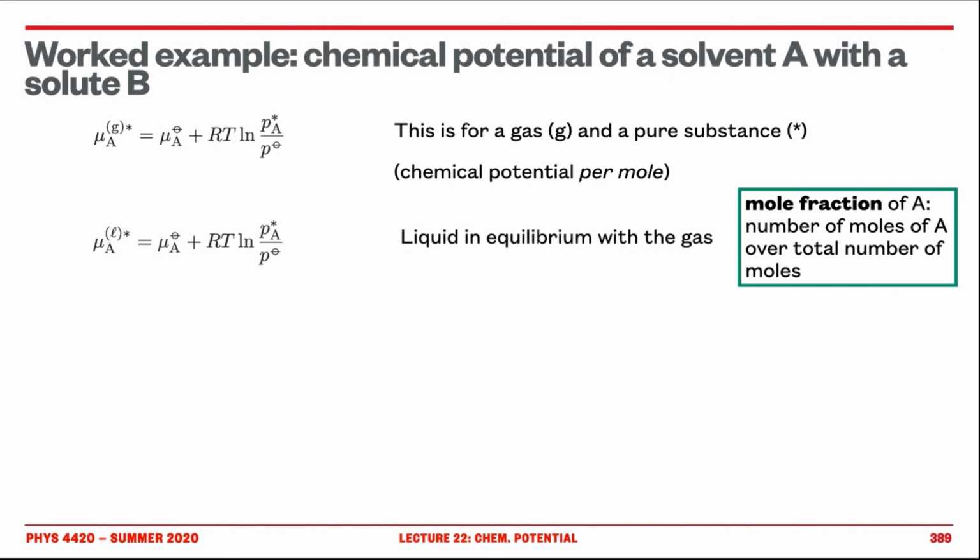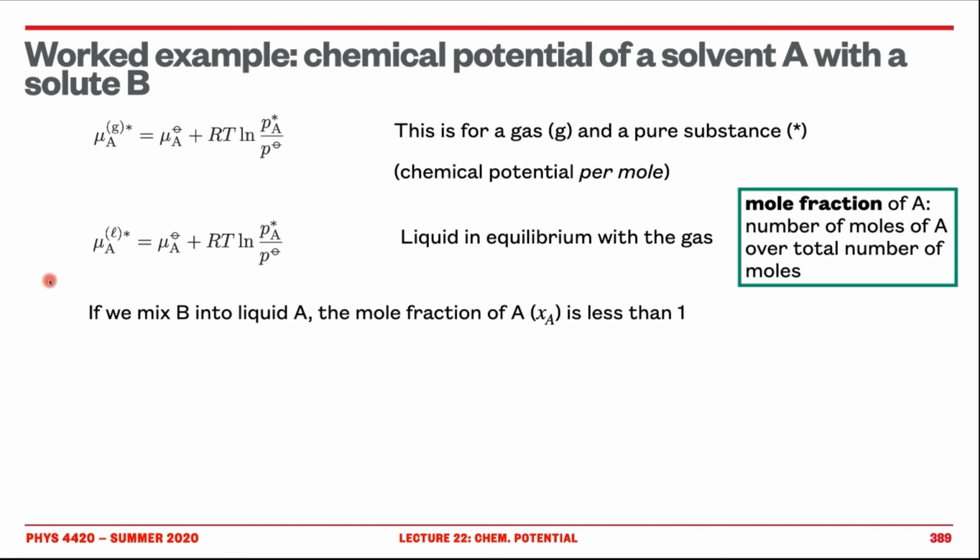Now, if we have a liquid in equilibrium with the gas, if it's in equilibrium, we know that the mu's are the same. That means that if they are the same, the right-hand sides are the same, so we can write it this way. Okay. Now, suppose that we mix B into liquid A, so the mole fraction of A is going to be reduced, right? For a pure system, by definition, the mole fraction is 1.